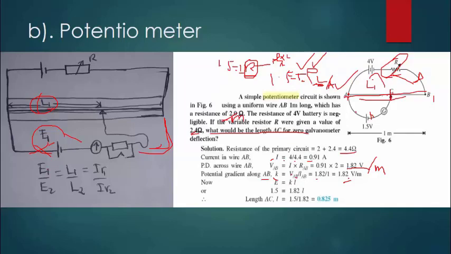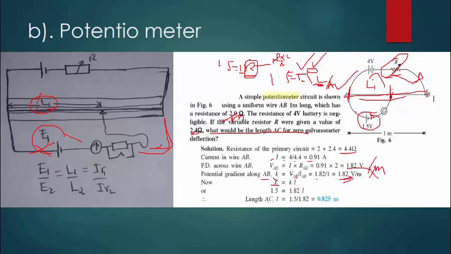So if that's the potential gradient of the wire, we know that our EMF should be equal to that of the battery. So we want to know the length L1, kama potential gradient ni 1.82.